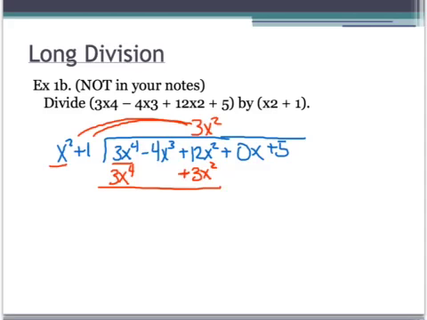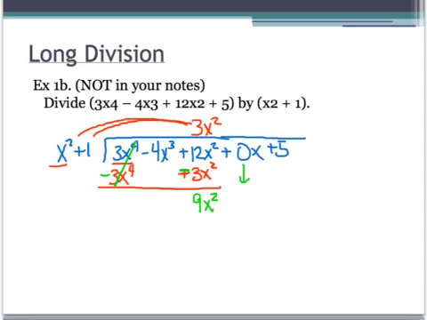But when I subtract a quantity, you need to distribute each term inside the quantity by negative 1. So the 3x to the 4th becomes negative, and the 3x squared is going to become negative as well. So these two add up to 0. I have 12x squared plus a negative 3x squared, or you can simply think of it as 12x squared minus 3x squared, and you get 9x squared.